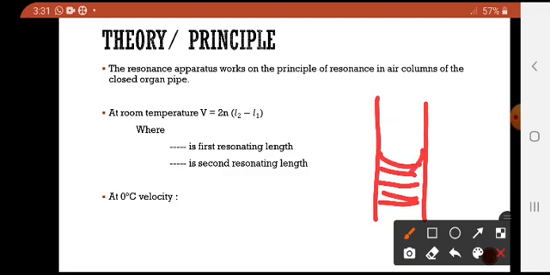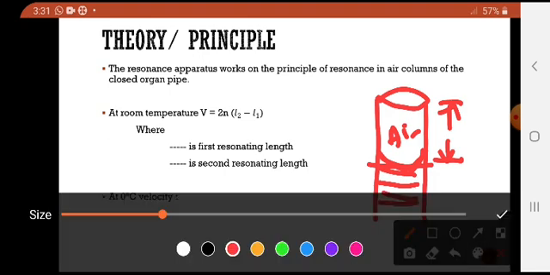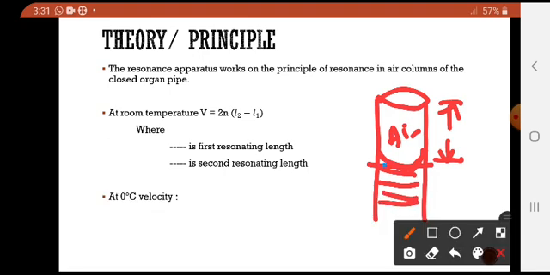So this is a closed pipe, with one end closed and one end open. The resonance apparatus works on the principle of resonance in air. Up to here there is air, and this is water.